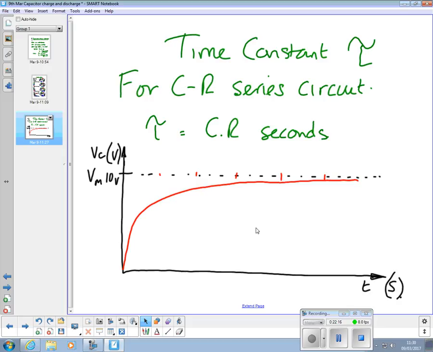The maximum is what we're applying, so that would be the battery voltage in the circuit that we had before. And you notice I've drawn my curve so that it's not quite reaching 10 volts. The little 5 ticks will be explained in a minute.